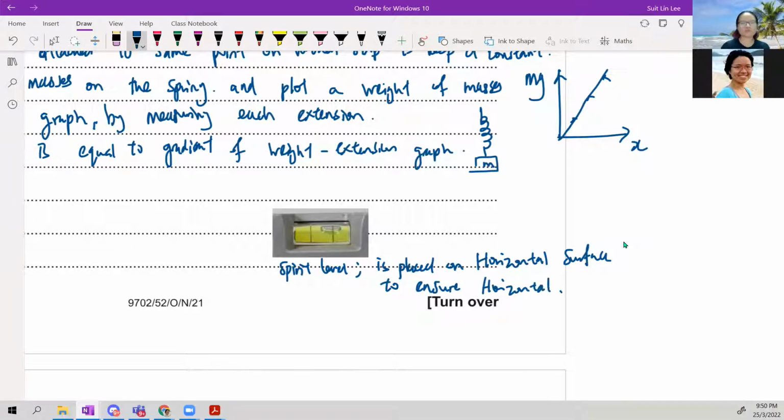So if for whatever reason it is really important in the experiment for your clamp to be perfectly horizontal, then add a spirit level on top. Although technically speaking, this experiment does not need it.